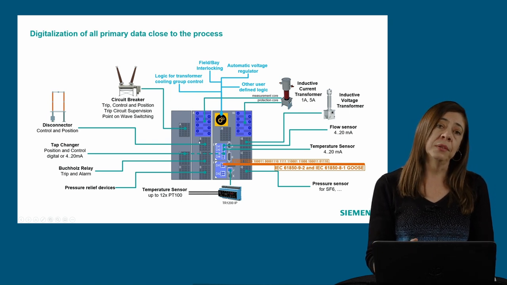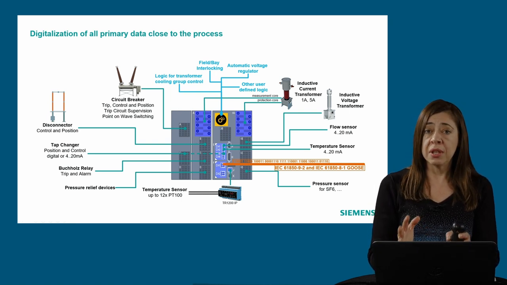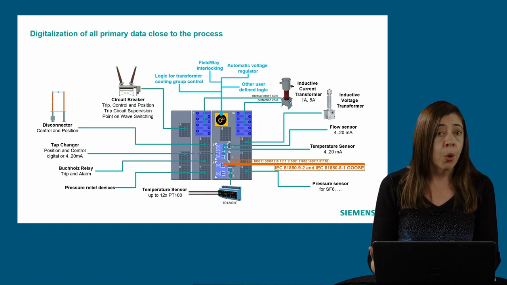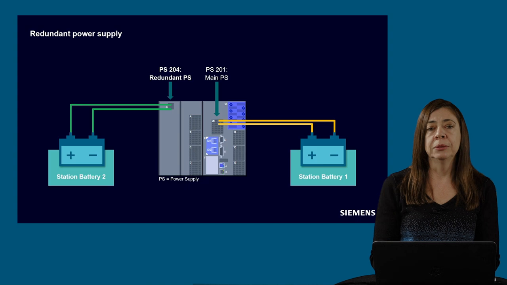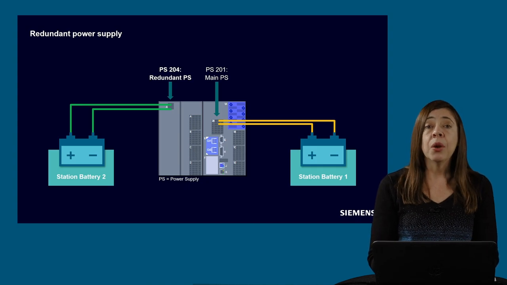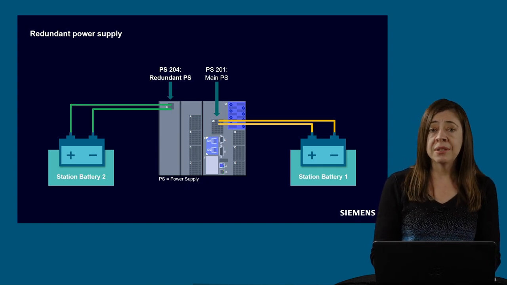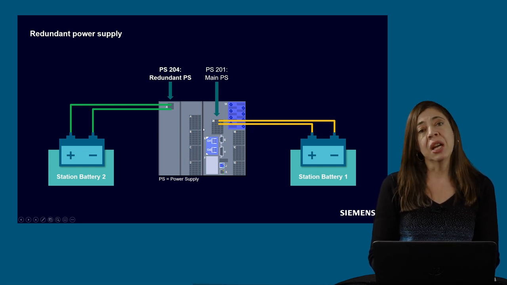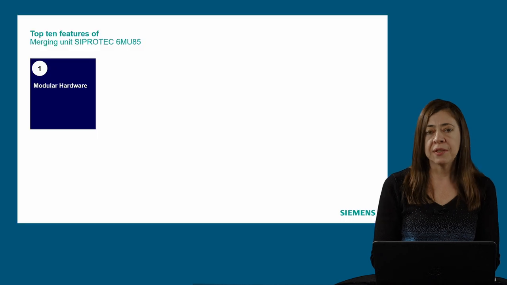So you can have a really small and simple device, or you can extend this to a bigger or more powerful one. And you can also include redundancy in the power supply. So you can have two independent power supplies to increase the availability of the system.